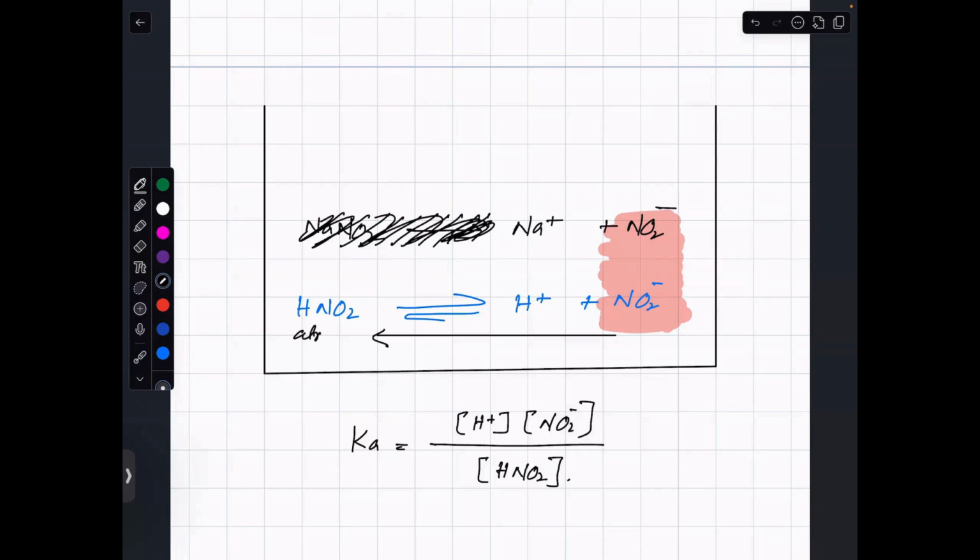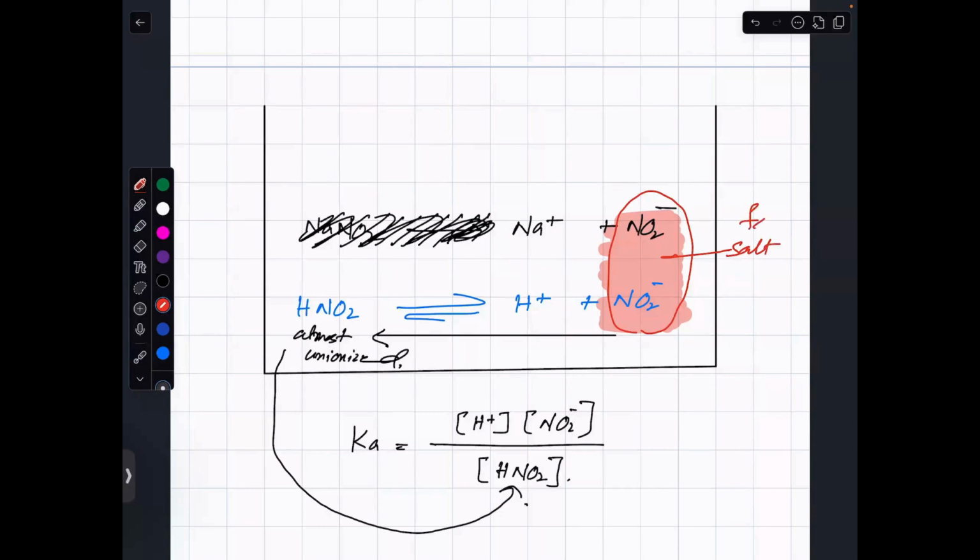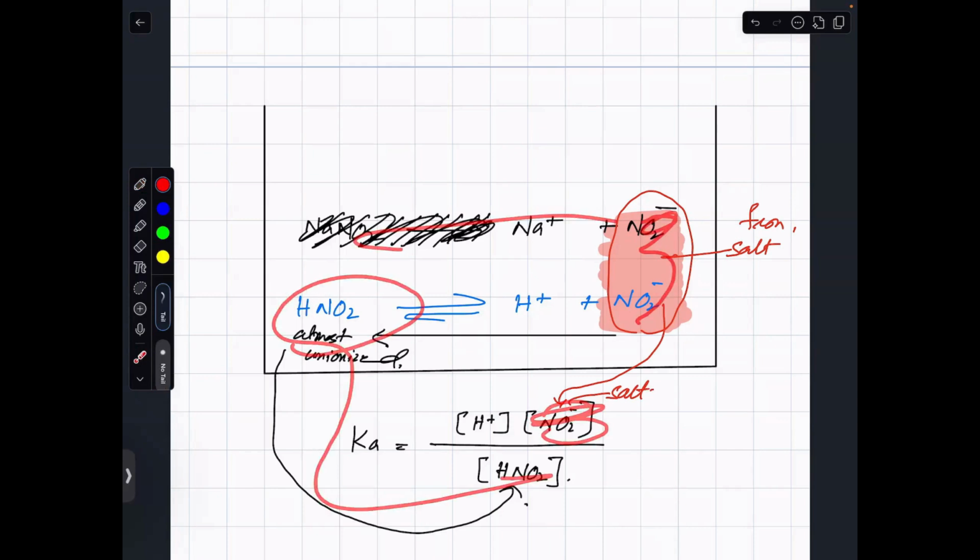It's almost unionized. So we are going to put this value here, unionized, the initial, and all the conjugate base is coming from salt. So instead of this, I put the concentration of salt. Look, all this is coming from salt. All the acid is almost unionized.